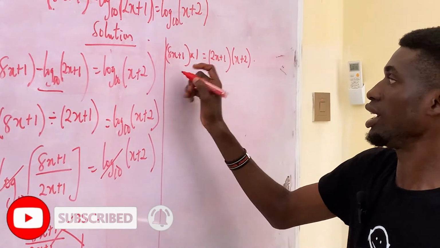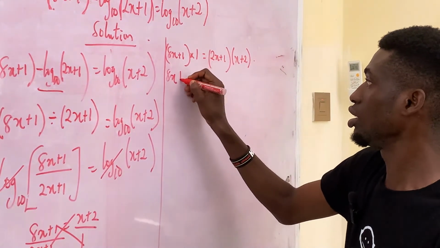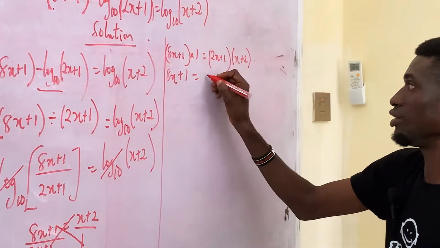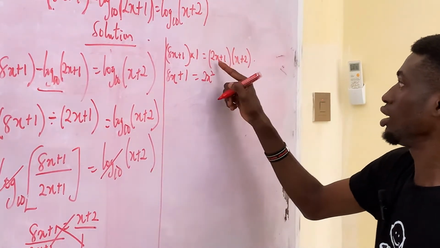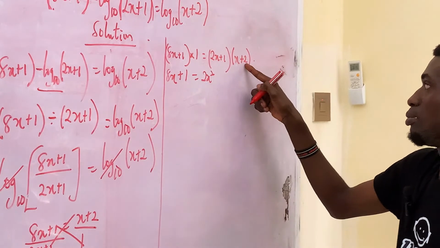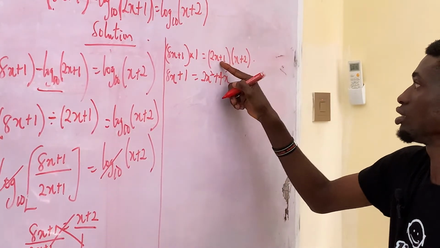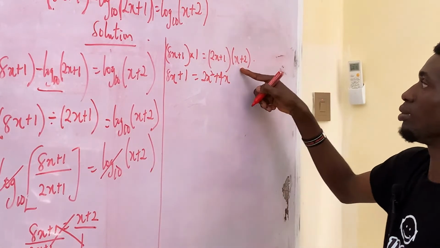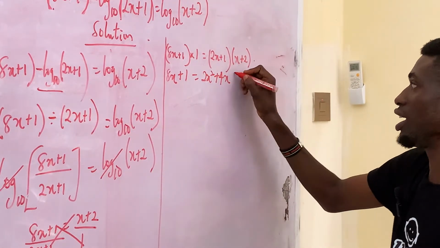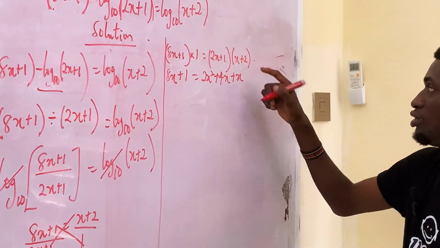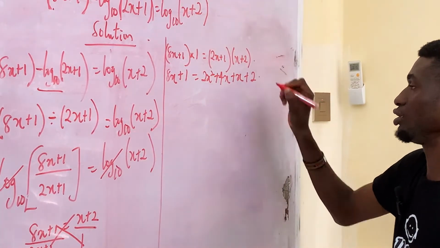1 times 8x, here I have 8x plus 1 equals 2x times x, I have 2x squared. 2x times positive 2, I have 4x. 1 multiplied by positive x, I have positive x. Then positive 1 multiplied by positive 2, I have positive 2.